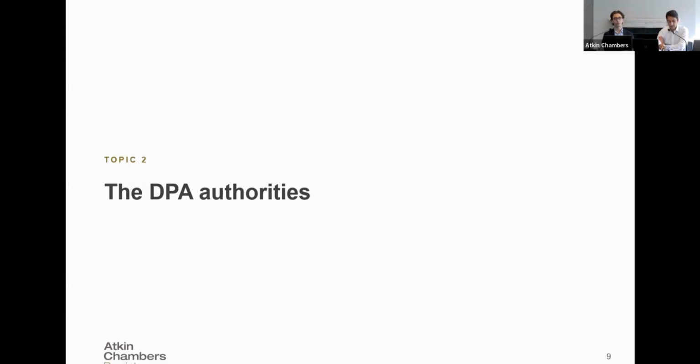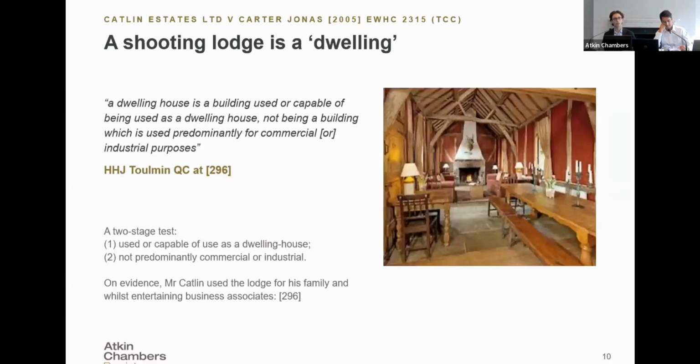But then you'll need to move to how that definition should be defined and moulded to the specific statutory context of the DPA. And for that, we can look at the two cases that we have. The first is Catlin Estates Limited and Carter Jonas.